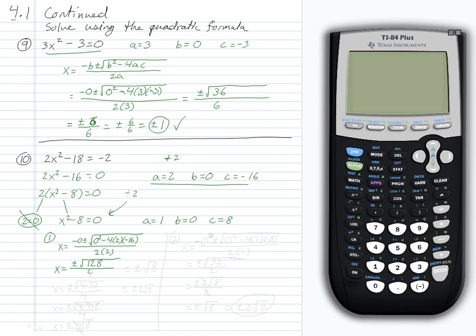We divide that by 4. What are we working with? Well, x equals positive or negative square root of 128. Now, let me see what the square root of 128 is. Turns out to be some never-ending decimal. But 128 is an even number. Let me see if it's divisible by 4. Sure is. So this is positive or negative square root of 4 times 32 over 4. In fact, 32 is also divisible by 4.